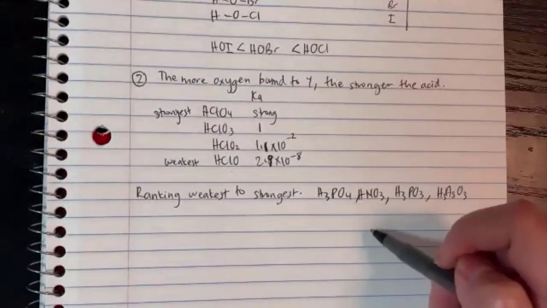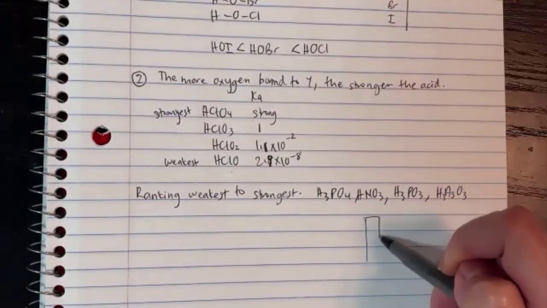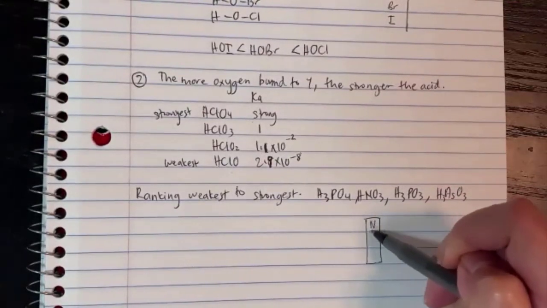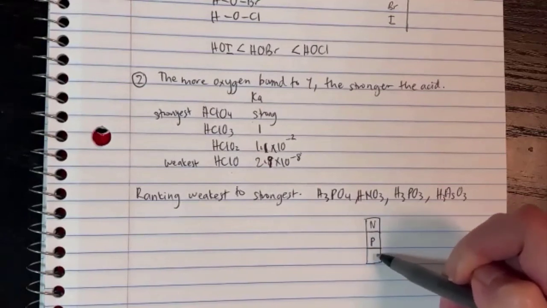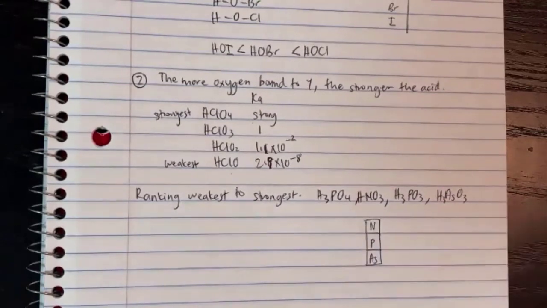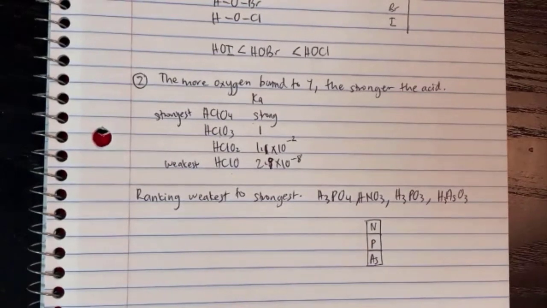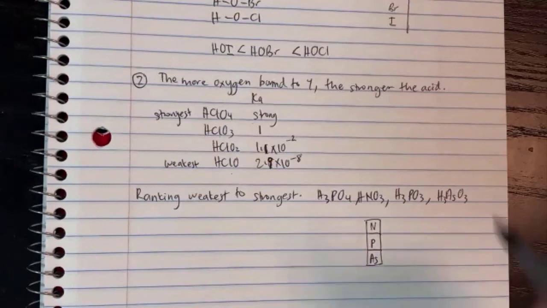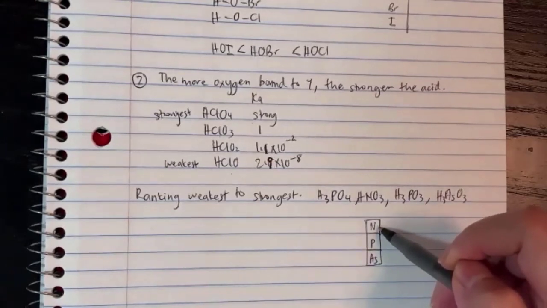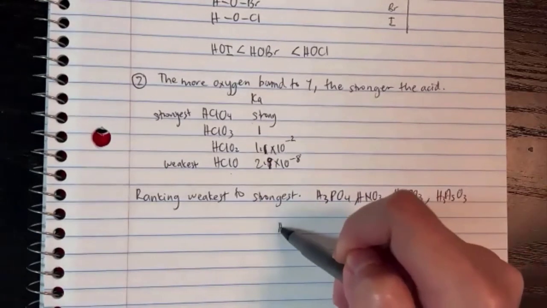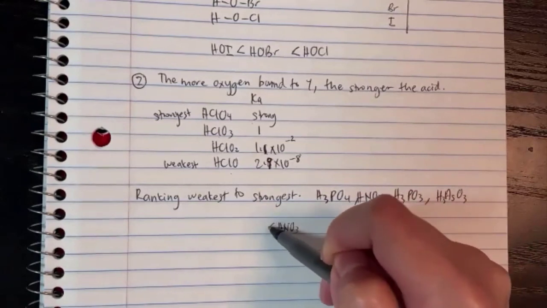So going down a group, it looks like this. I'll draw it out. Nitrogen is on the top. And then you have phosphorus. And then you have arsenic. Okay? So in this case here, N is the most electronegative, so it will be the strongest. So HNO3 is the strongest.